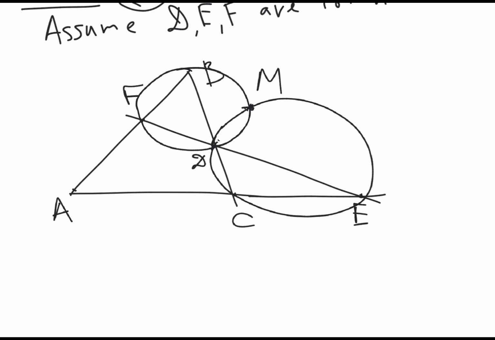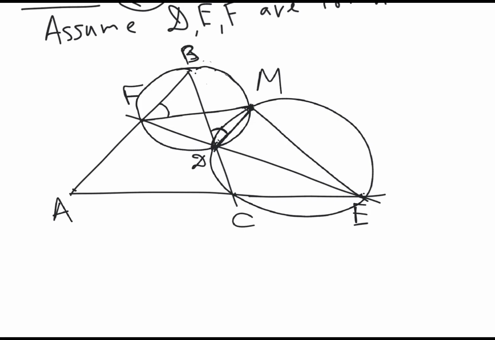So we connect like this. This is point P. Because of the first circle, because the quadrilateral FBMD is inscribed, these two angles are equal to each other.